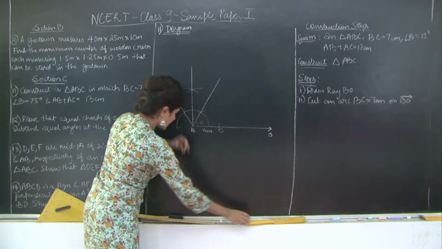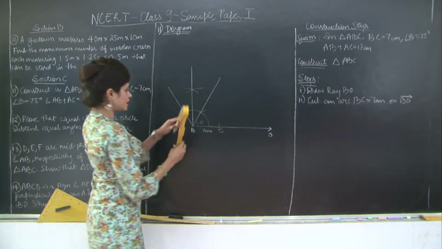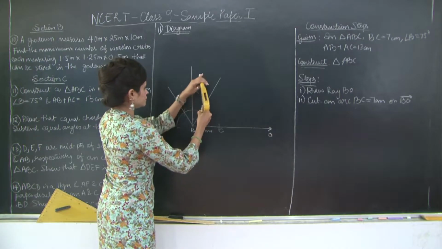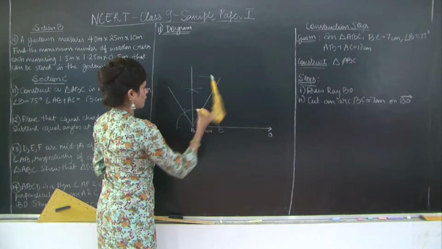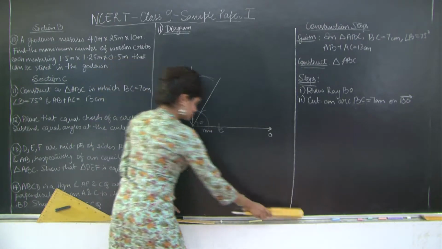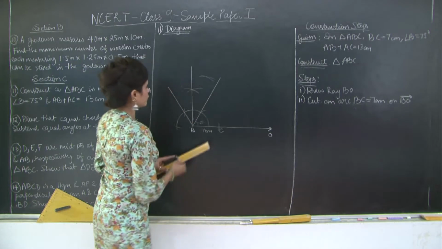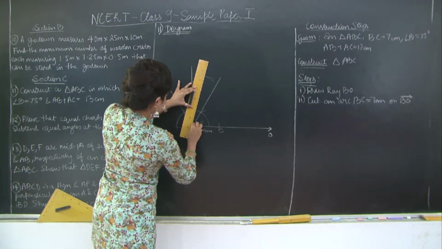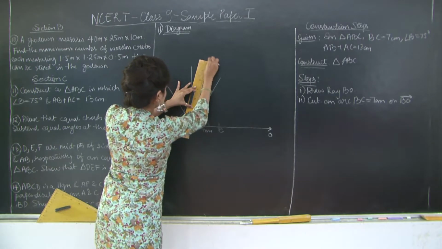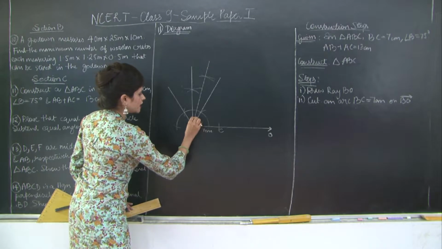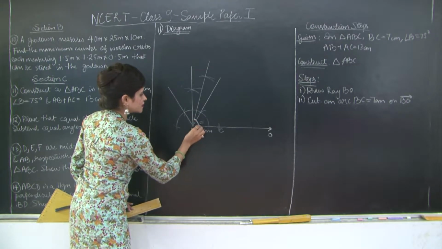So let's go ahead and bisect this angle. This is my angle B at the base, which is 75 degrees.